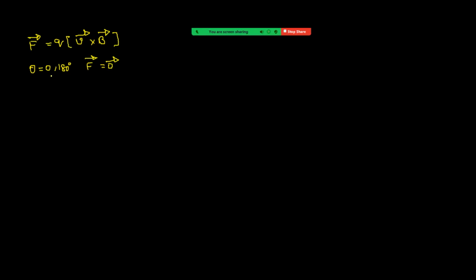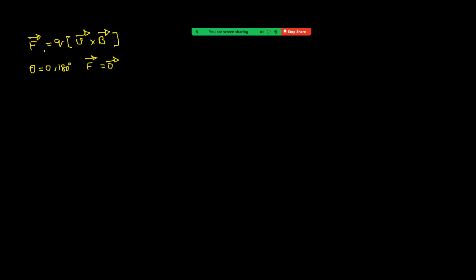That means if velocity of the particle is along the field direction or opposite to field direction, then magnetic force is 0. That means net force equal to 0 because we are taking here only presence of magnetic field, no gravitational field, no electric field, and no other forces are present.